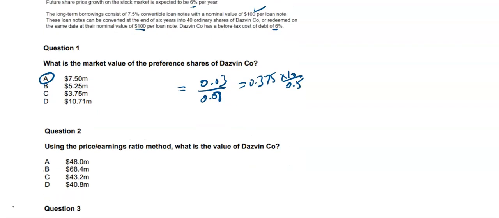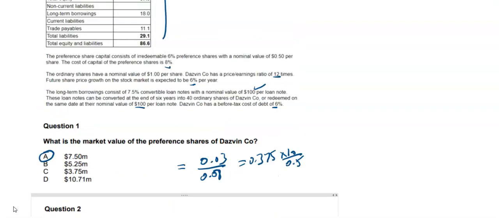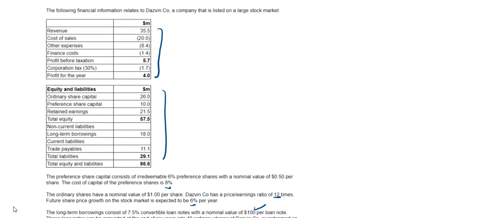Next, using the P/E ratio method to find the value of D company. The price to earnings ratio is 12 times and the earnings are 4 million. But if you look at the income statement carefully, the dividend on the preference shares has not been deducted. That is the problem here.